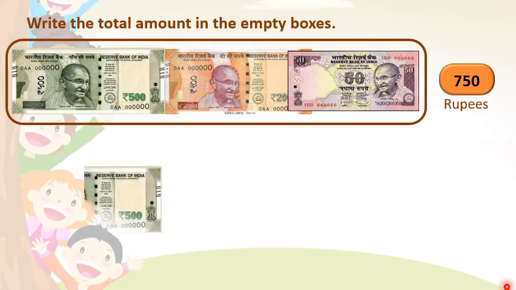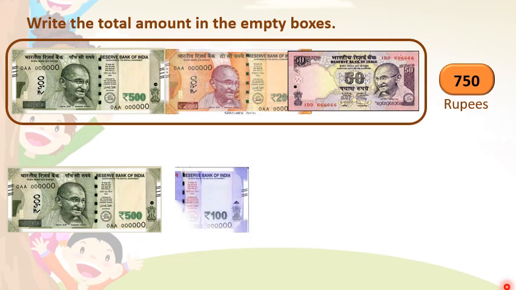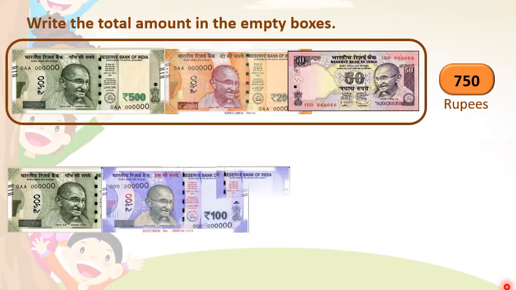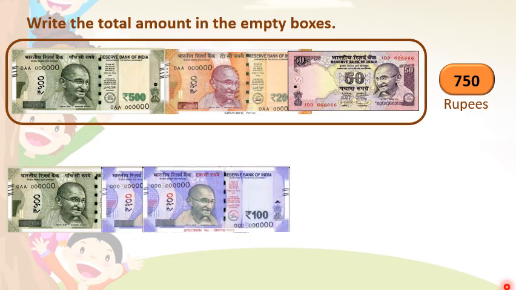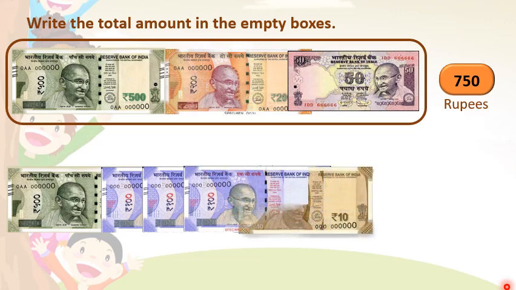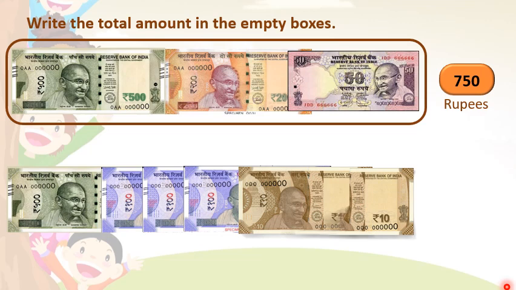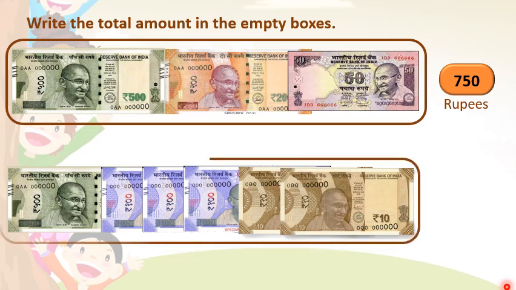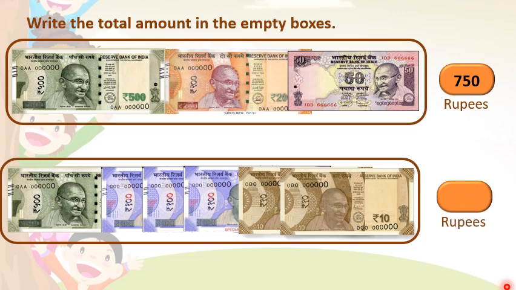One more sum. See here. Go on reading the values of the notes and count the notes. I am going to give you 1 minute. You have to write the total amount in this box. Got the answer?